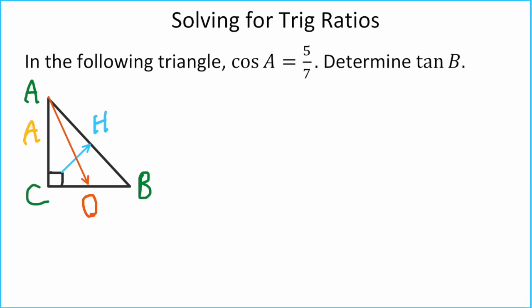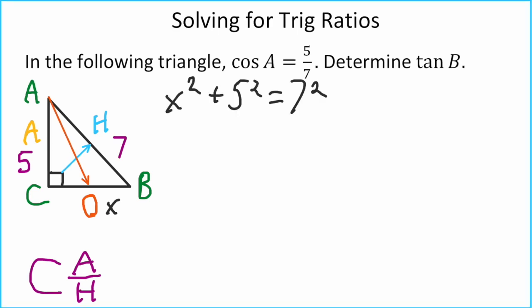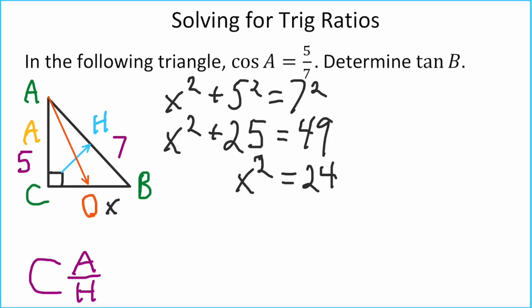Since this is cosine, we have to think CAH, which means the adjacent side is the 5, and the hypotenuse would be 7. So now we've got to find the missing side, and this is a Pythagorean Theorem problem. So we set it up, x squared plus 5 squared equals 7 squared, simplify it out, and we end up with x equals radical 24.